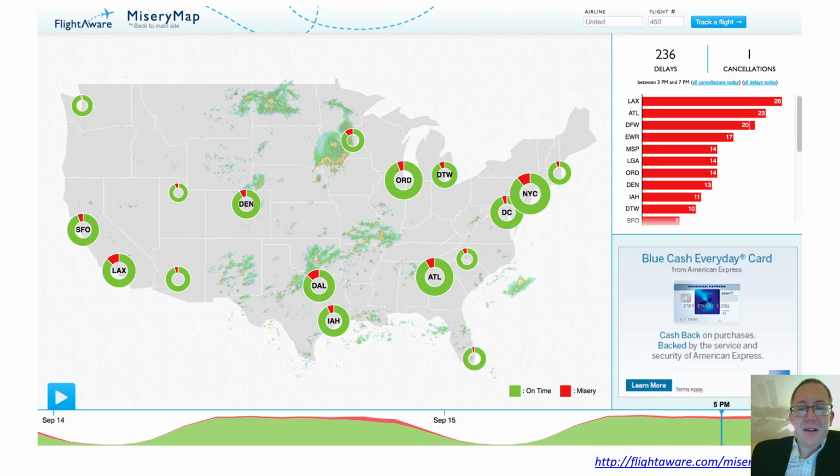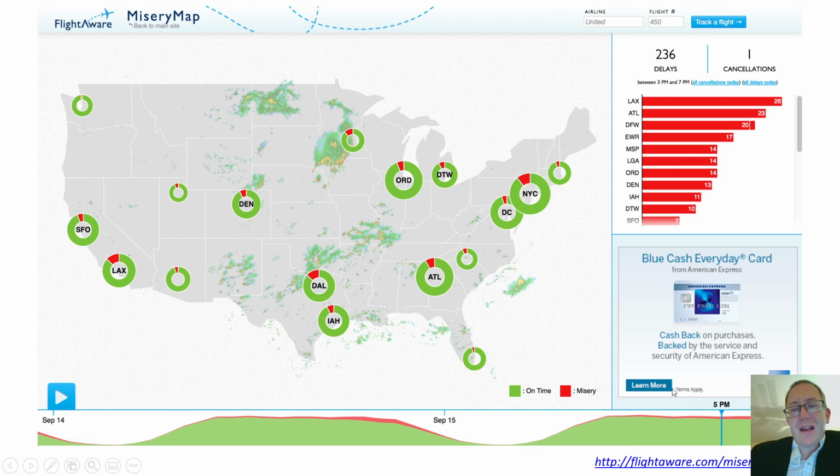And despite all the extra cruft in there, like the misery map, this whole banner up here, this would be a visualization of where people had cancellations, delays, which airports, and how much of a problem they had in each of these places. And you could see it over time as well. Nice, huh?